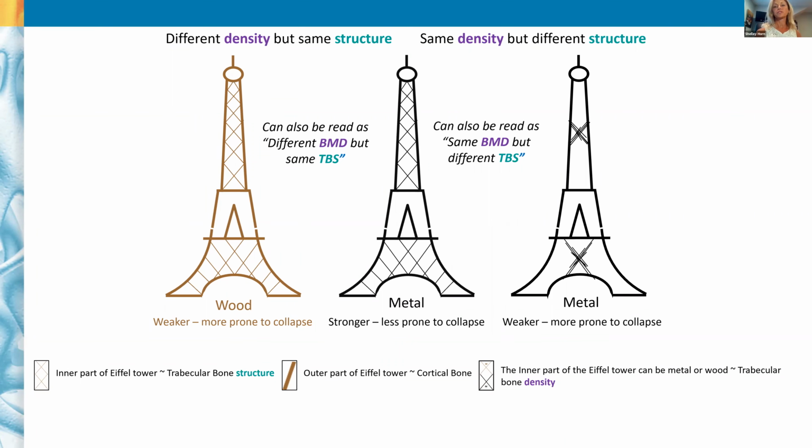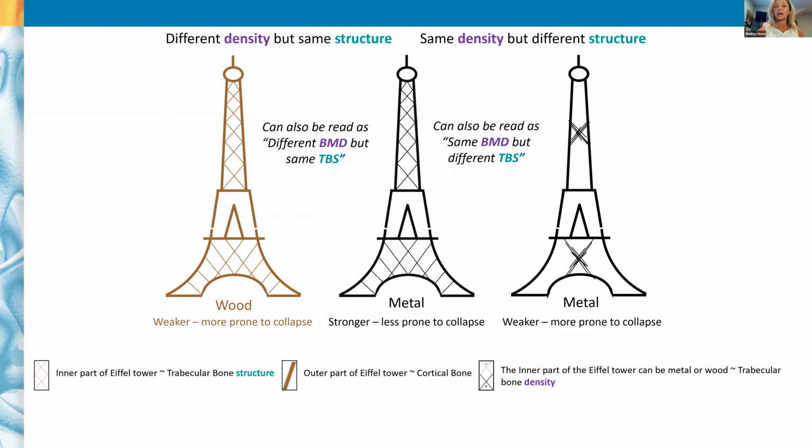Okay, thank you. So when the Eiffel Tower comes up, it kind of goes to the discussion that Professor Hans was saying. I cannot do the Spock thing in looking at the different structures. But if you look at the Eiffel Tower, this really hones in on why it's so important. You've got a wood-made Eiffel Tower with the same structure as the one made of metal. Well, those are two different densities.